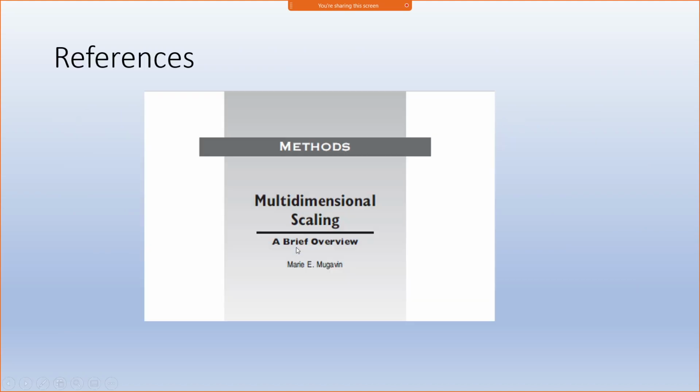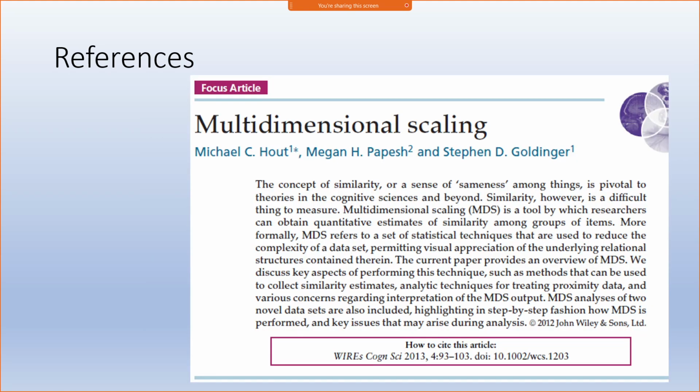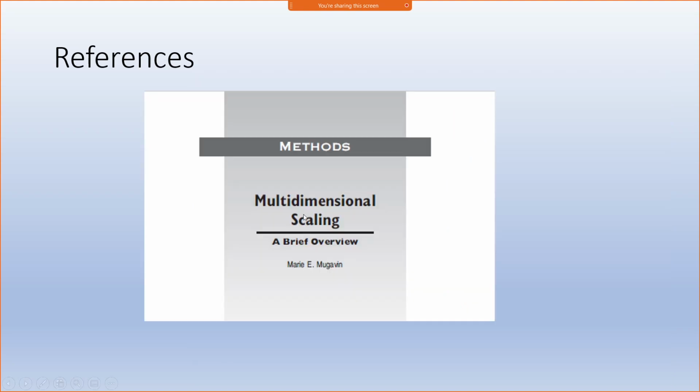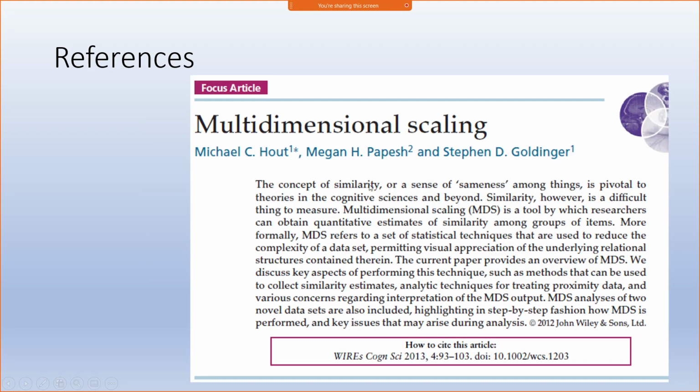So, references. There are two references I will give later, which I think are easy to read. One is Multidimensional Scaling by Mary Mulgavin, and the other one is Multidimensional Scaling by Michael Hood et al.